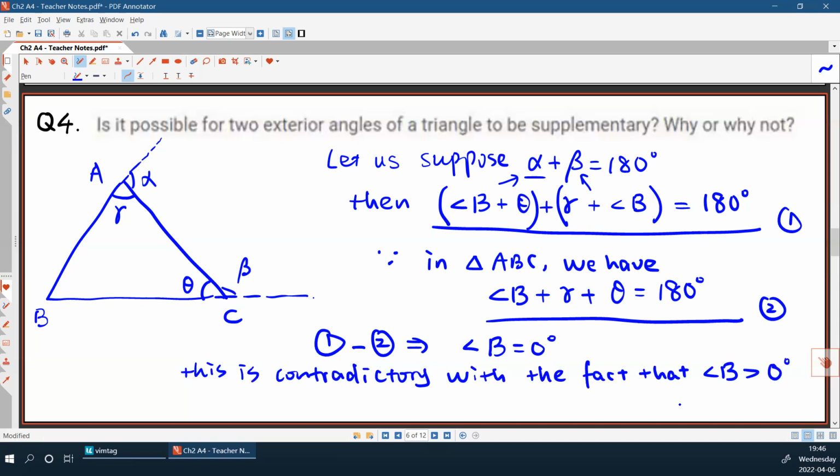Angle B must be greater than 0 degrees. Therefore, our assumption, let's call this asterisk, is not correct, is wrong. And therefore, alpha plus beta cannot be 180 degrees. Otherwise, we'll find a contradiction. Understand?